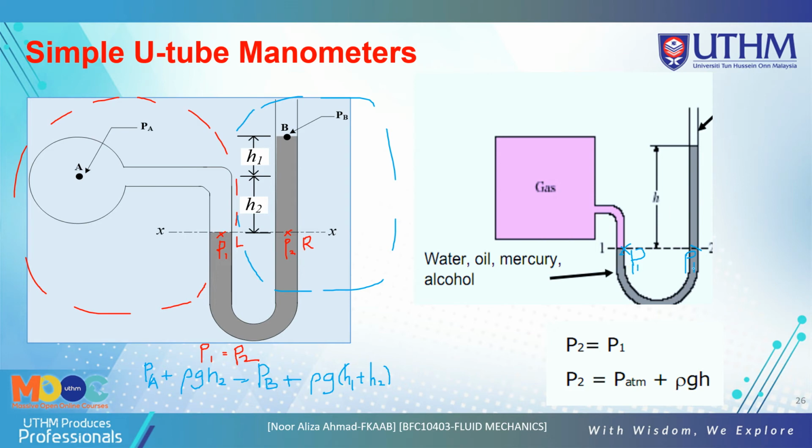So P1 and P2 are the same. And we know that P2 here includes the P atmosphere plus rho G H here. So this is called P2.